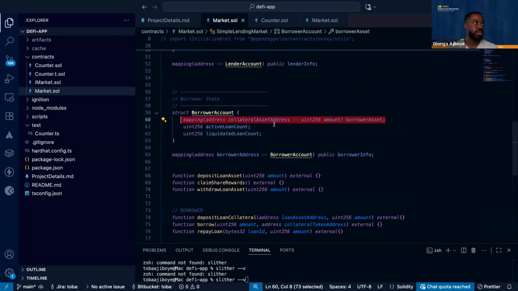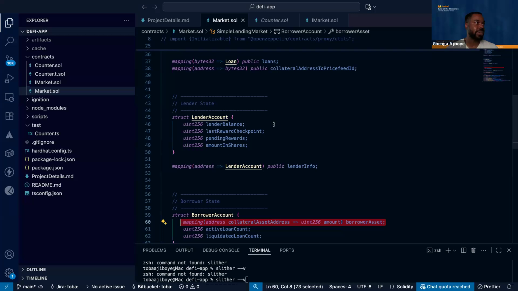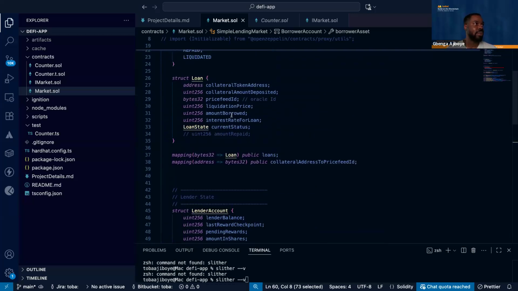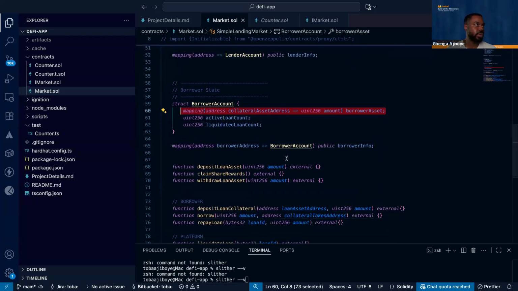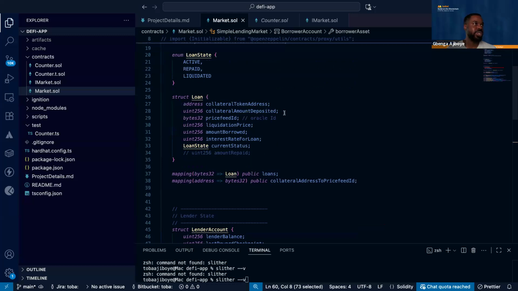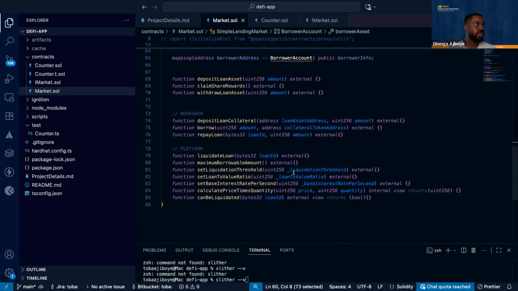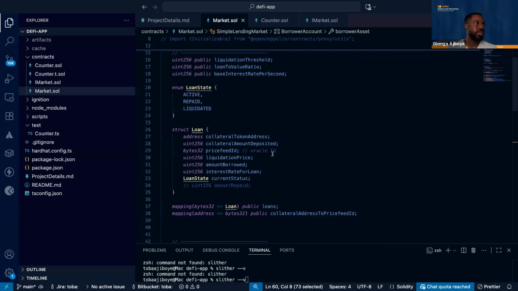So you decrement from this, which means that the amount borrowed would increment and this would not change, obviously. This only changes on deposit. And then if there's a withdrawal, this also changes as well.